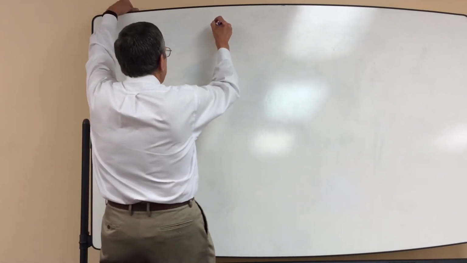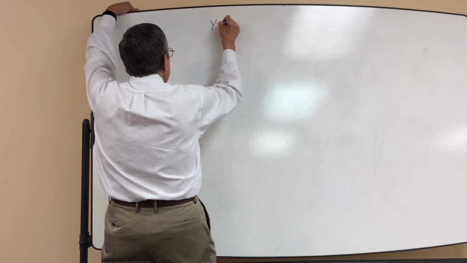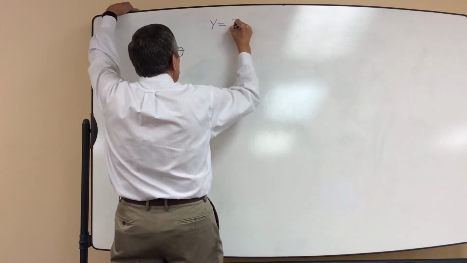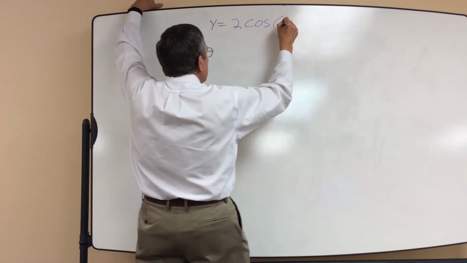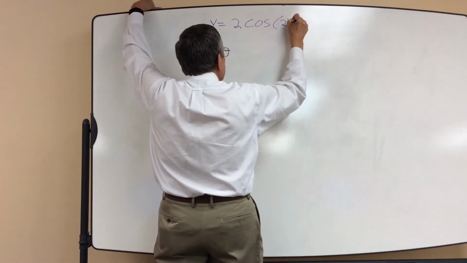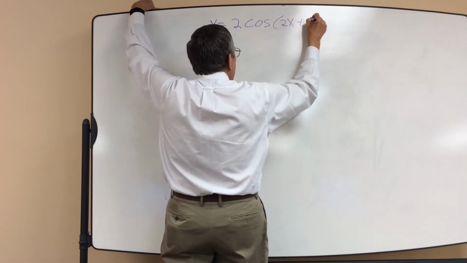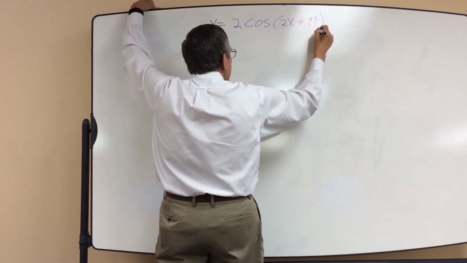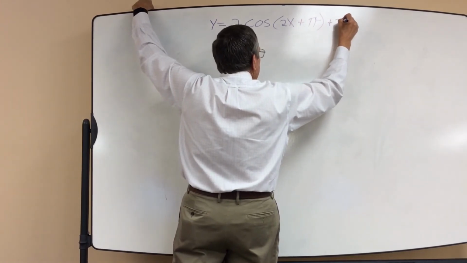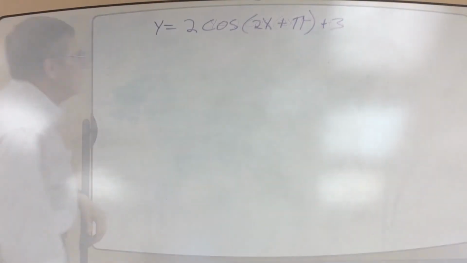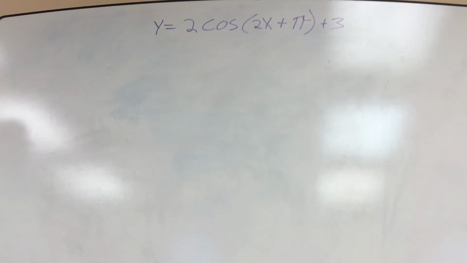So let's look at y equals 2 cosine of 2x plus pi inside plus 3. Okay. 2 cosine, 2x plus pi inside plus 3.